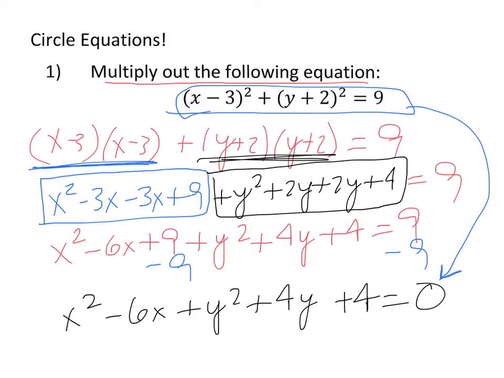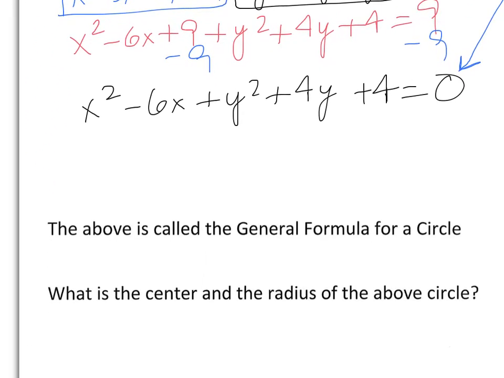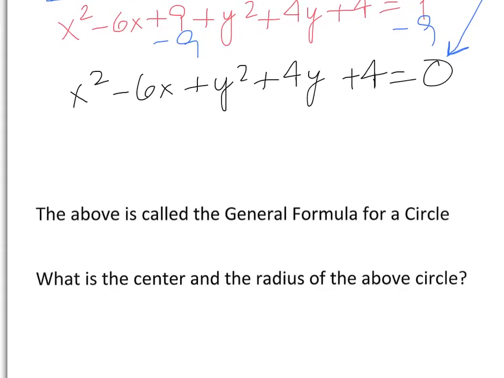So what we have to take a look at now is the following. The above is called the general formula for the circle, where it has x squared minus 6x plus y squared plus 4y plus 4 equals 0. What is the center and the radius of the circle above? If you were to look at this equation, it would not be so easy to figure out what the center and the radius is.